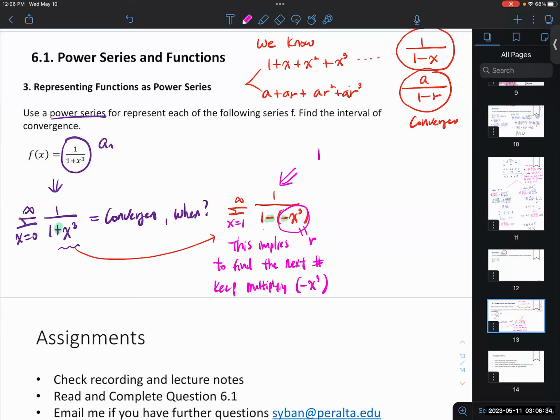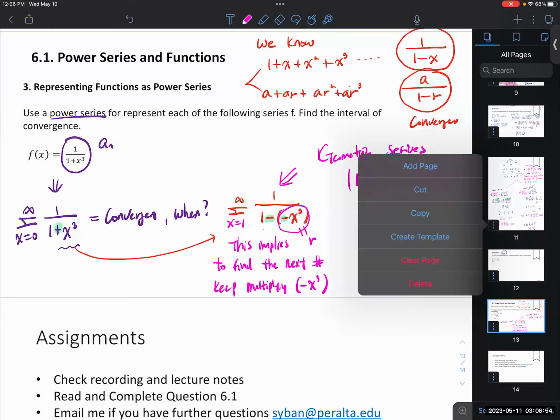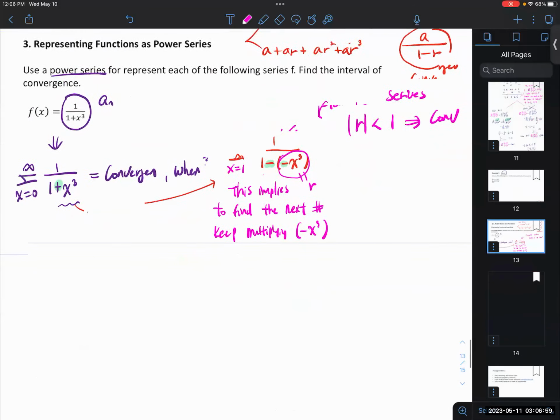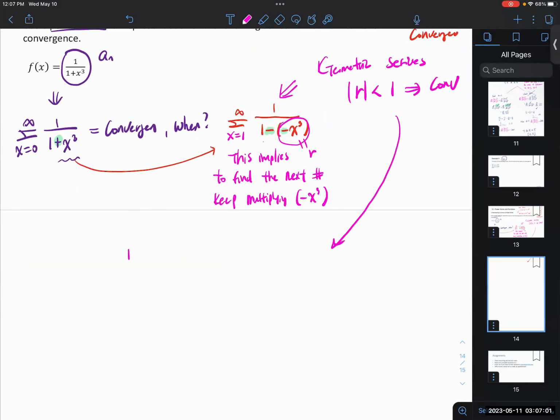So what happened? According to the geometric series, when the absolute value of the ratio is less than 1, it is always convergent. So therefore, we're going to do that work. We know r equals negative x to the third.